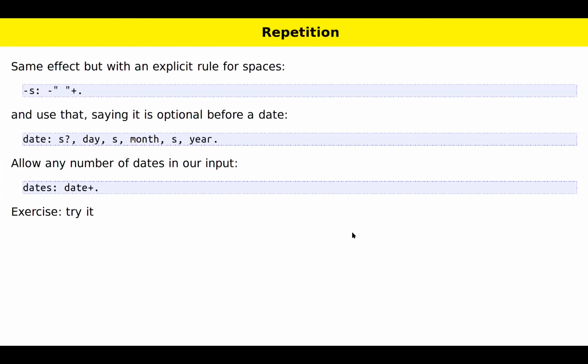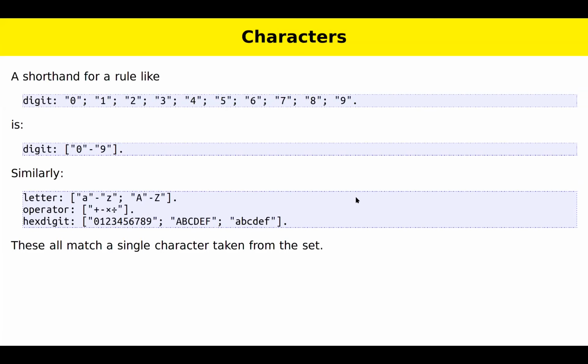All right, thank you. Okay, so some shorthands for character sets, which was sort of suggested in the chat just now, although there are more shortcuts coming as well. But here, where we've explicitly said a digit is those 10 values, we can do a shortcut with square brackets and say from 0 to 9.